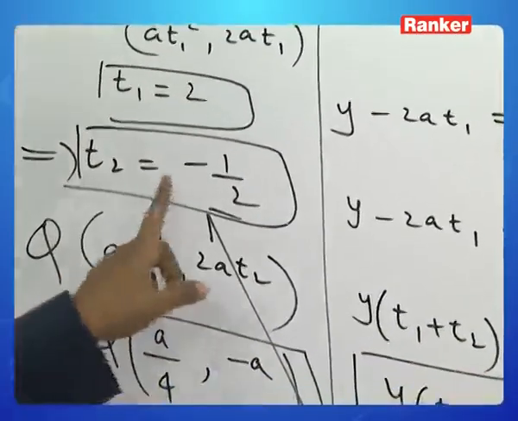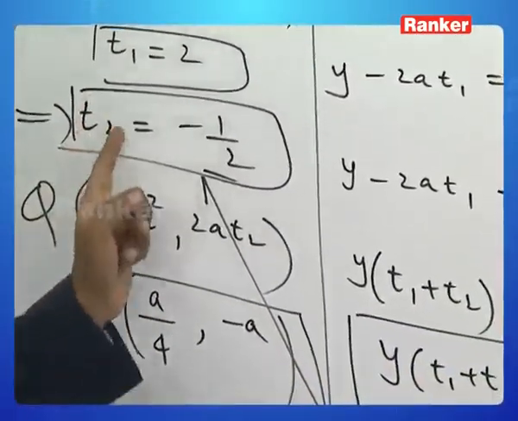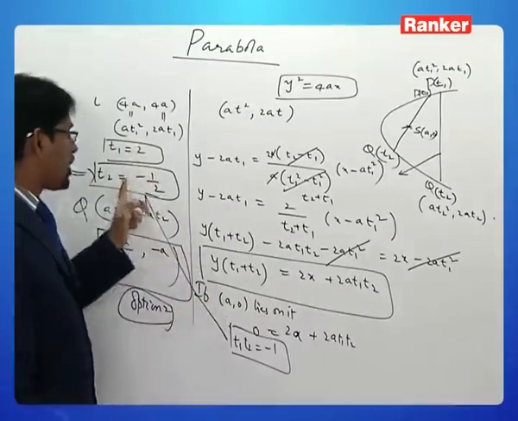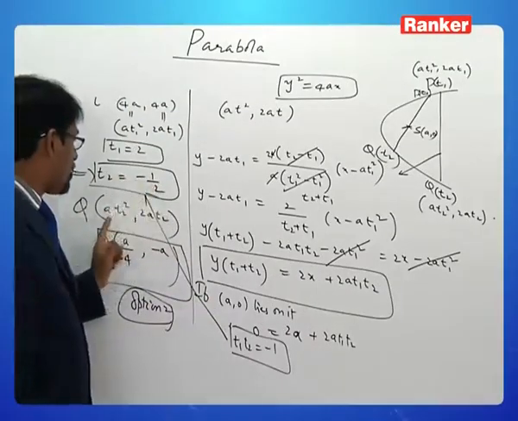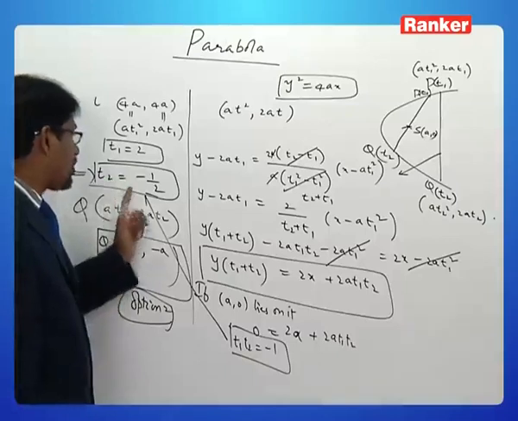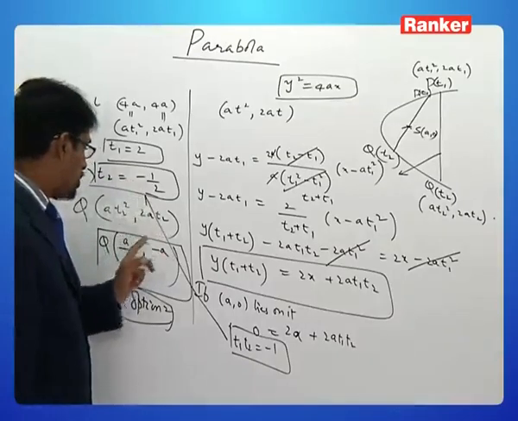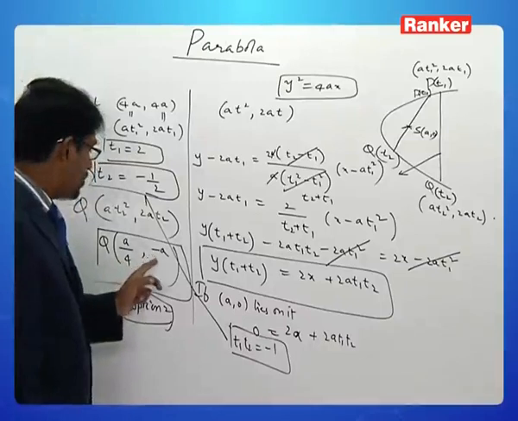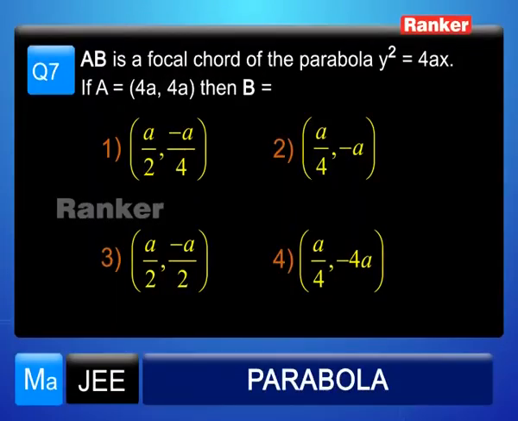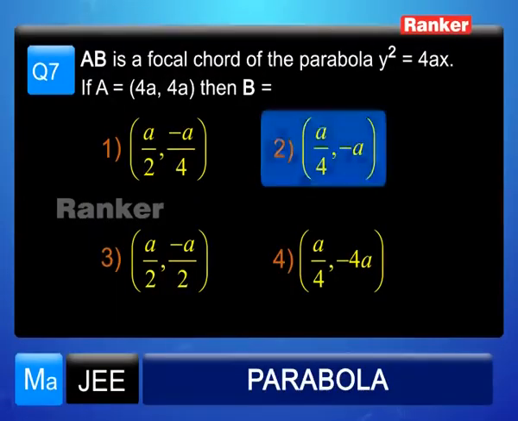Then the other end, let's call it t2. How did we find it? t1 into t2 is minus 1, so t2 has to be minus 1 by 2. And now write the coordinates of this point, at2 square comma 2at2, that will be a by 4 comma minus a, and that's clearly appearing in option 2. Therefore option 2 is the right answer.